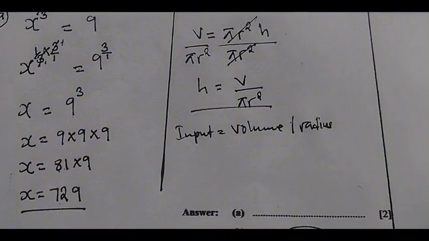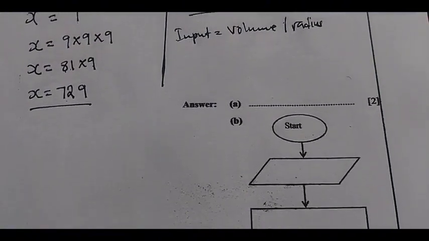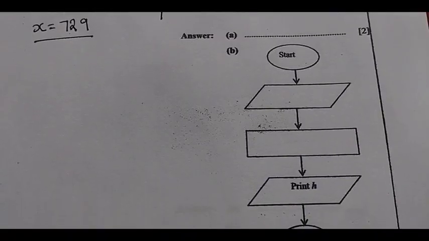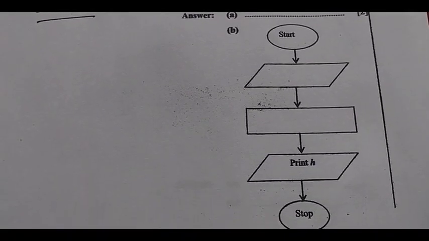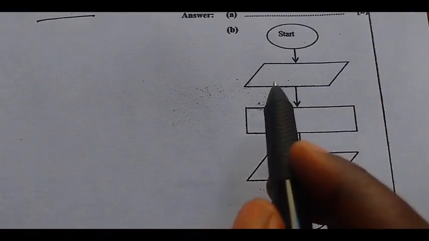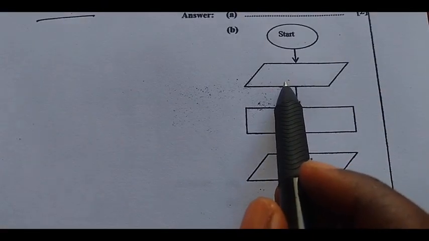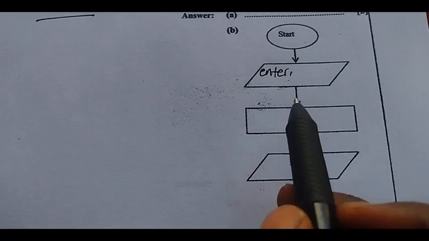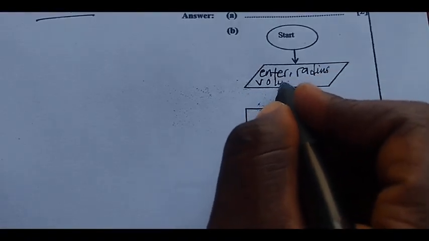So let us come here. All right, so this is the flowchart. Here in this parallelogram, we are going to say enter. So what are we going to enter? We're going to enter our input right here, and I've said our input will be the radius and the volume.